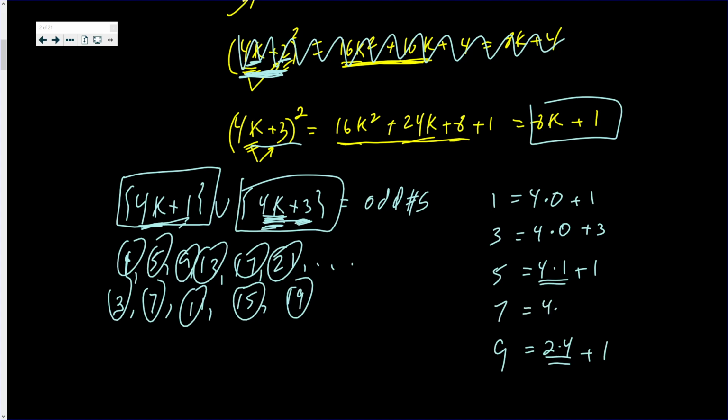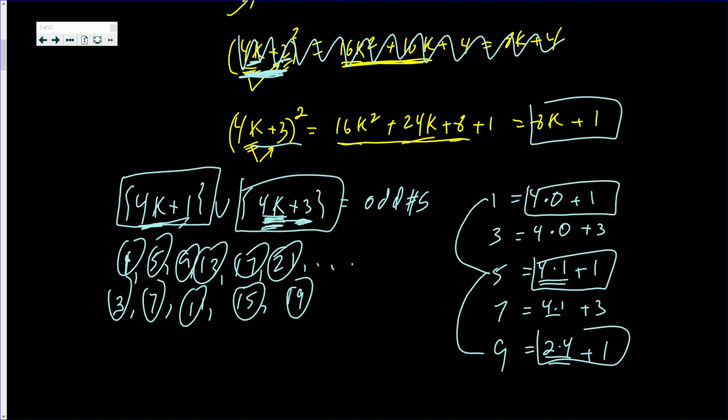This here is a multiple of 4 plus 3. Every other odd number is a multiple of 4 plus 1, and the other ones are a multiple of 4 plus 3. 2 times 4 is 8, plus 3 is 11. Okay, you get a multiple of 4 plus 3.